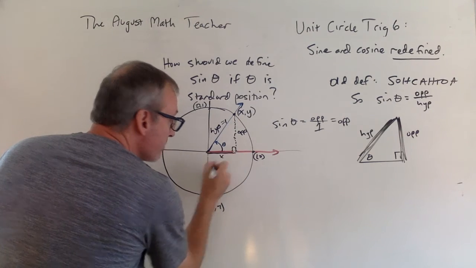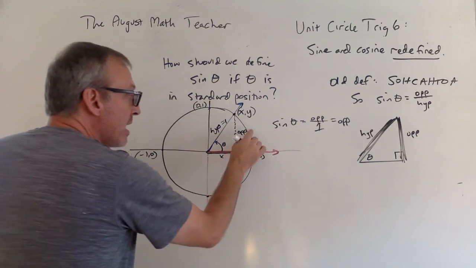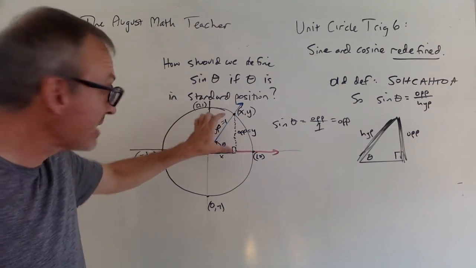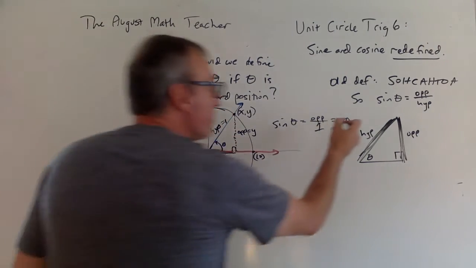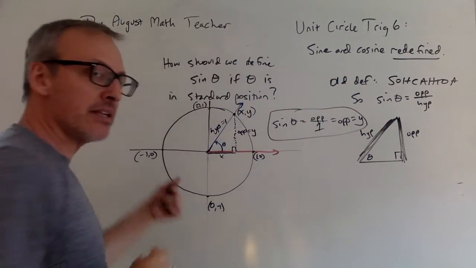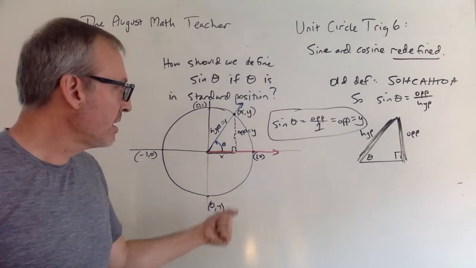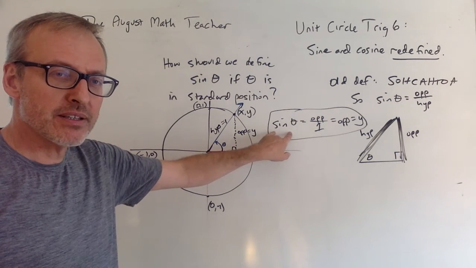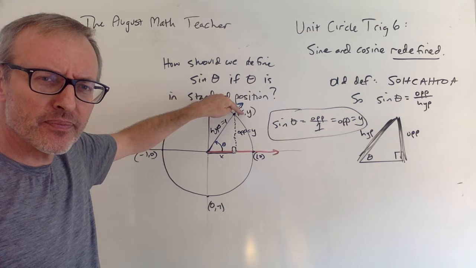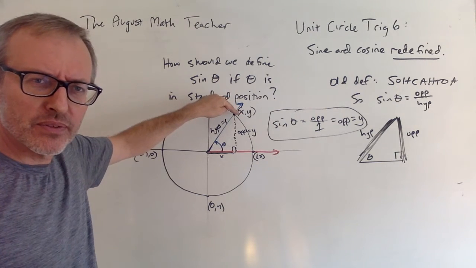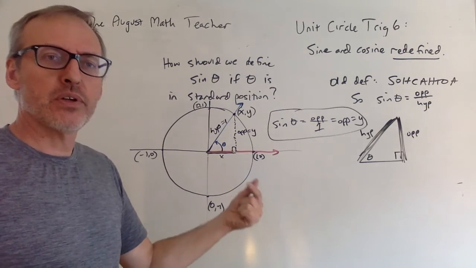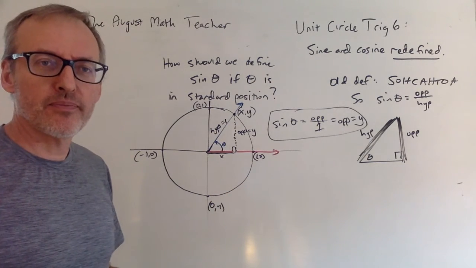And that y is how tall that perpendicular segment is. That's the opposite side. And we realize, oh my gosh, in this diagram, the sine of theta is actually that y value.